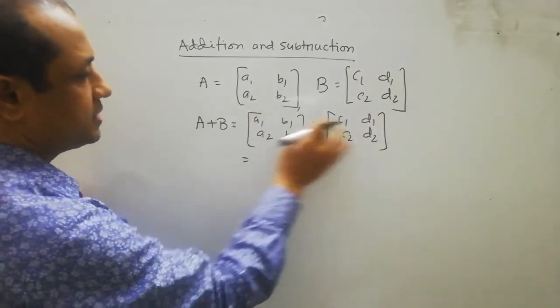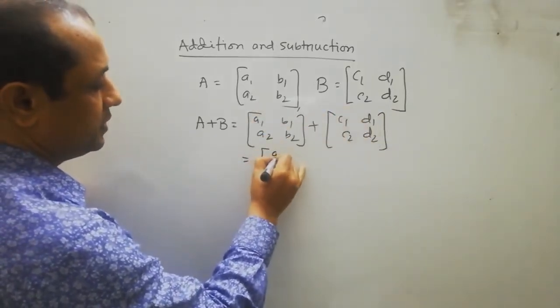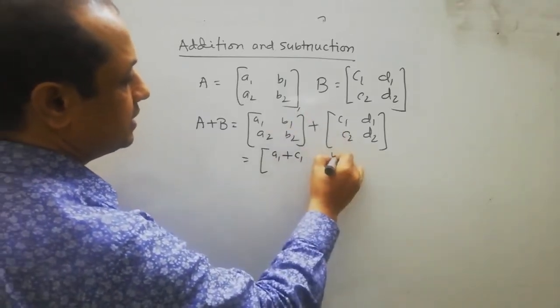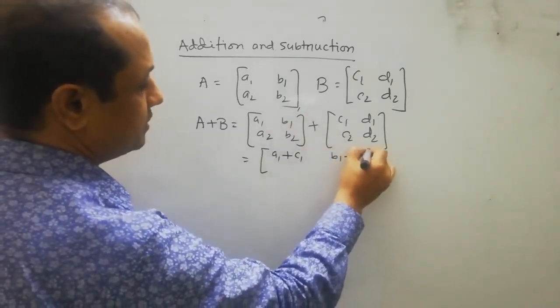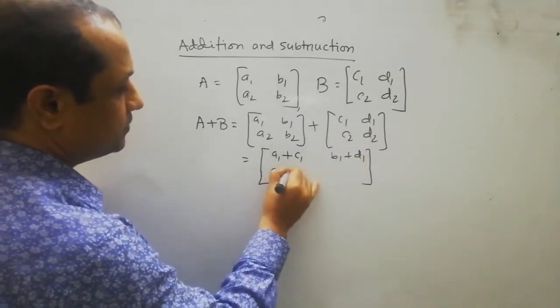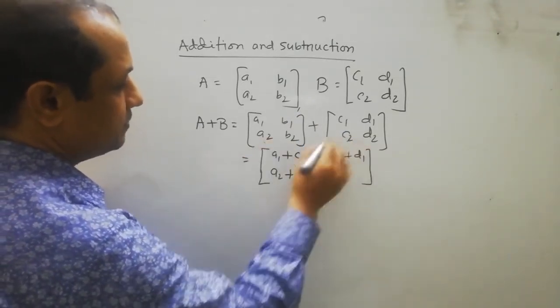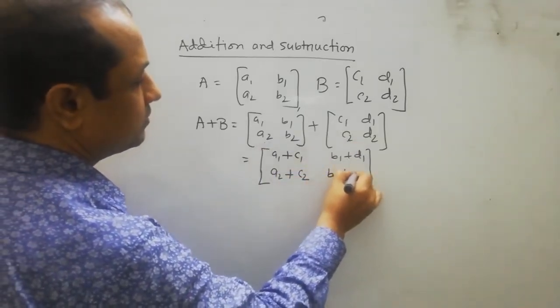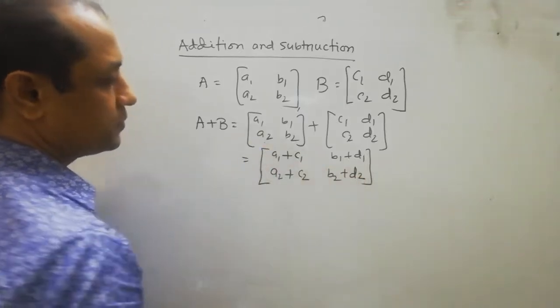Here first entry plus first entry, A1 plus C1 in the first position, second entry plus second entry in the second position, third entry plus third entry in the third position, fourth entry plus fourth entry in the fourth position.